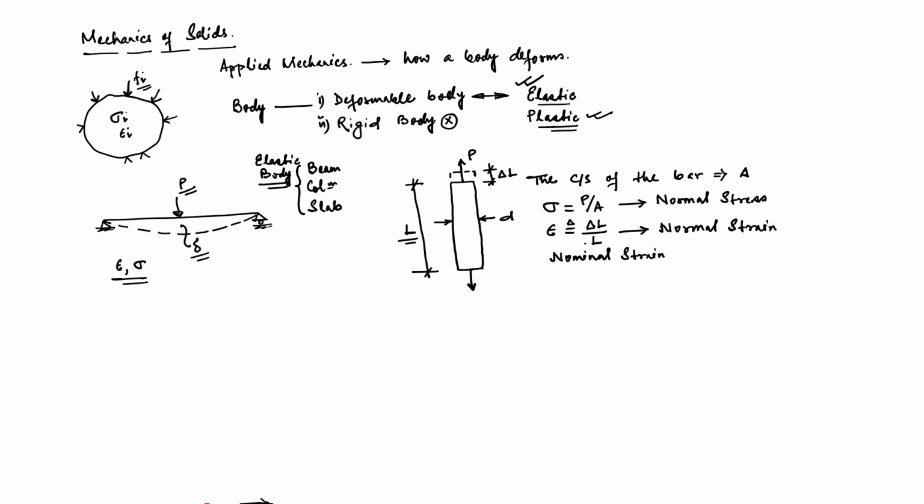Now, instead of this L, we can consider the complete length, that means from this point to this point, and then we can redefine strain using the gauge length after we apply the force P. So, if we use the actual distance between the two opposite faces, then the strain we get is called true strain.